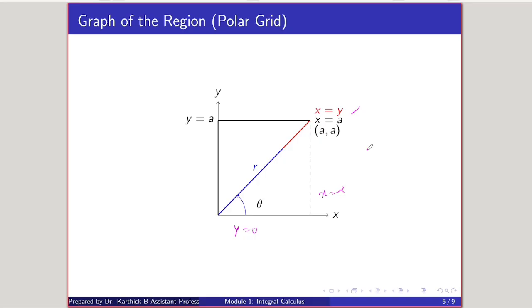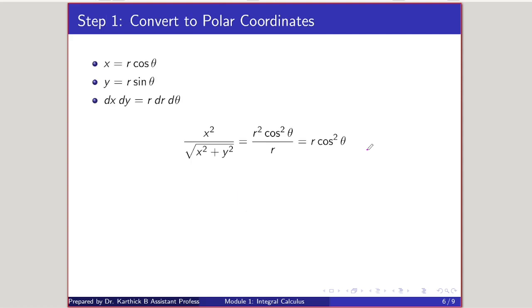So with this, we want to find the new limits. Of course, we want to convert the variable x into polar form. So we know that x becomes r cos theta, y equals r sin theta, and dx dy will be r dr d theta.